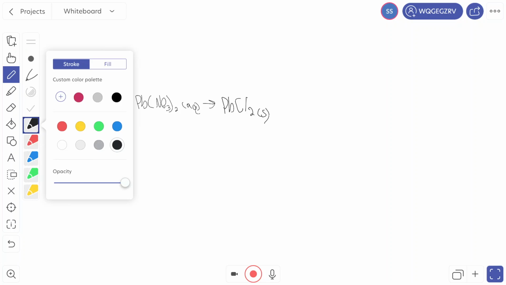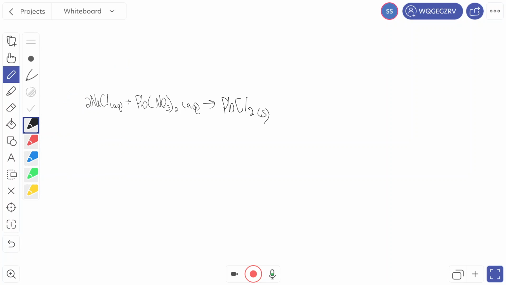What happens if there is no precipitate, if everything reads soluble on your solubility sheet? Then there's no reaction. But here we have a precipitate, so we aren't worrying about that.